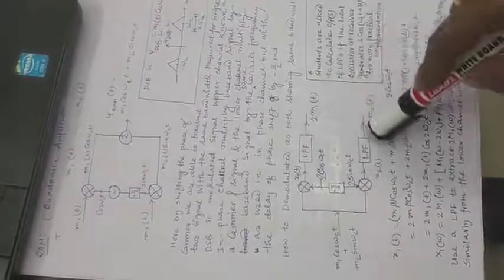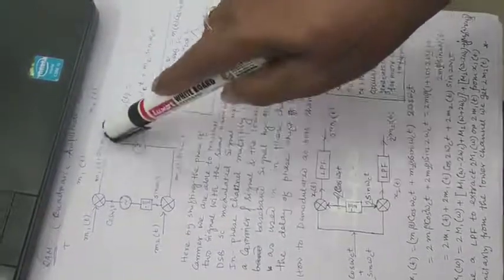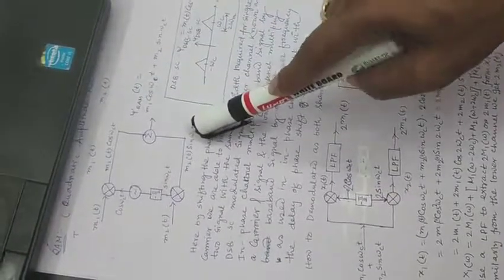In both cases we have used a low pass filter, and the derivation has been shown here of how we can get m1(t), and in the similar way we can get m2(t). Now one thing: when we were generating the signal for transmission, we assumed cos omega ct as in phase and sin omega ct in quadrature phase to cos omega ct.